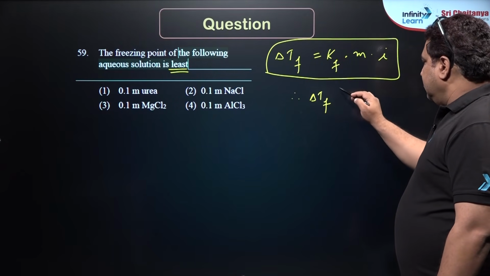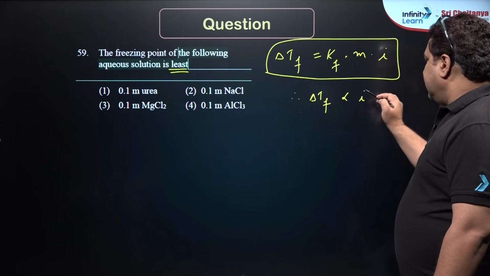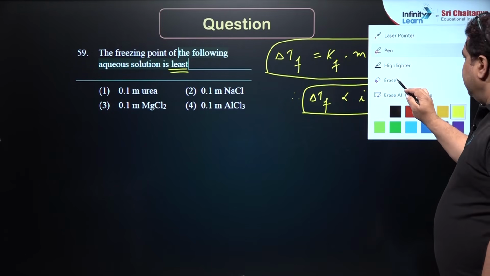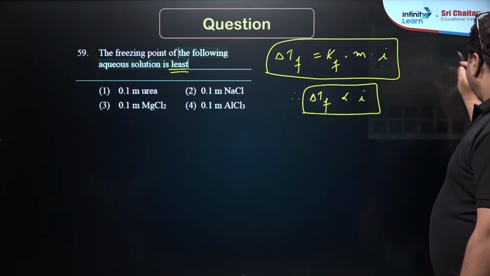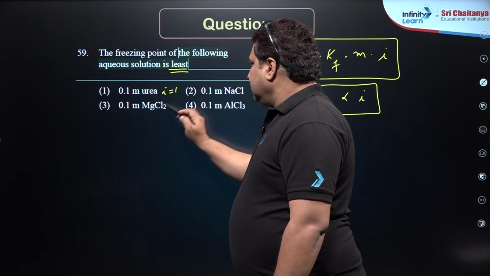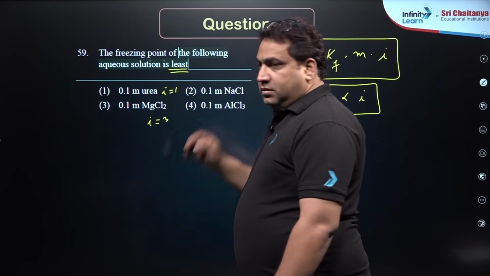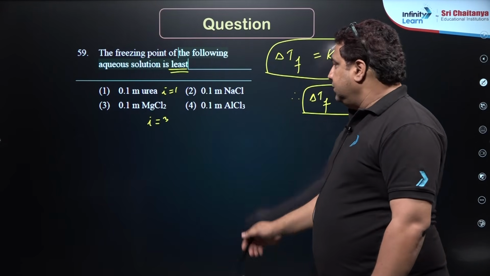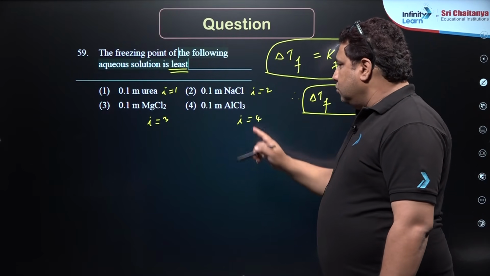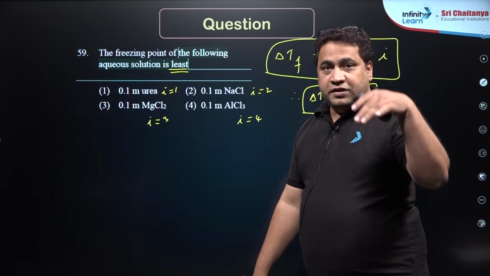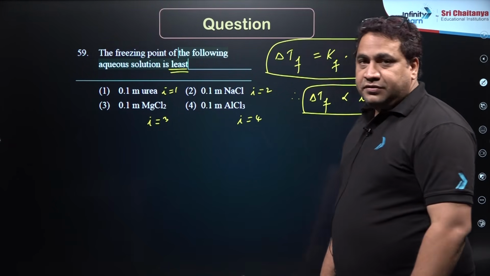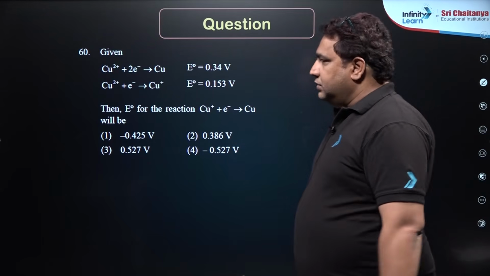Delta Tf is proportional to i, and molality is same. Here the Van't Hoff factors are 1, 3, 2 and 4, imagining complete ionization. So more i means a lower temperature is required to freeze the solution. It's a very easy question.